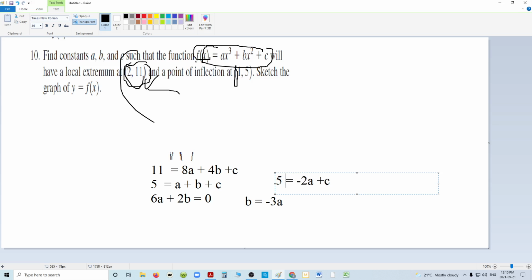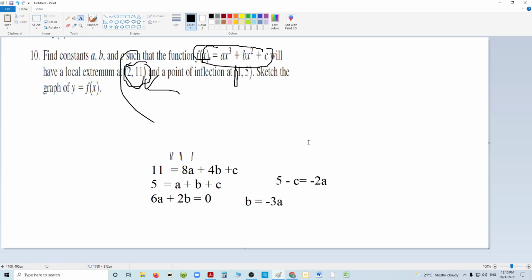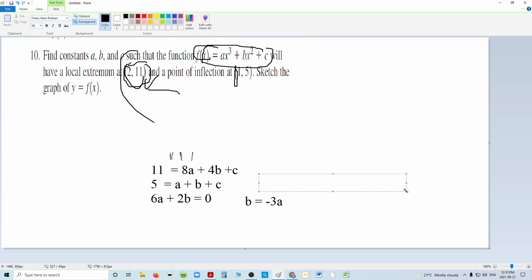So I get minus 2a is equal to 5 minus c. And actually, I should do it in terms of c. Yeah, let's do it in terms of c. So I get 5 is equal to a minus 3a plus c. So that means c, if this is minus 2a, is equal to 5 plus 2a.